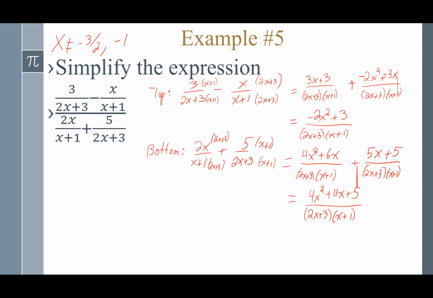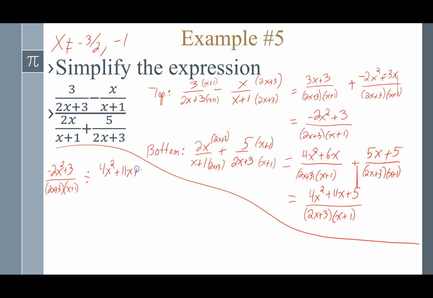So if it's a fraction, top over bottom, that means we're going to do the negative 2x² + 3 over our (2x + 3)(x + 1), I'm getting tired of writing this, to be perfectly honest, divided by our (4x² + 11x + 5) over our (2x + 3)(x + 1).